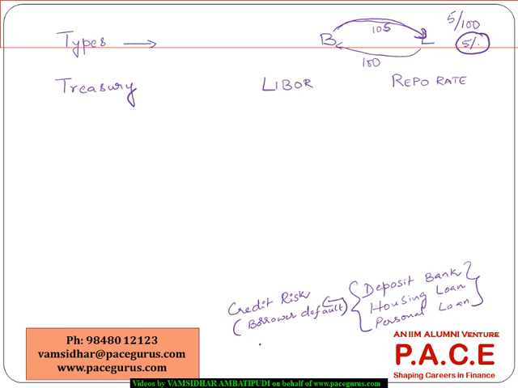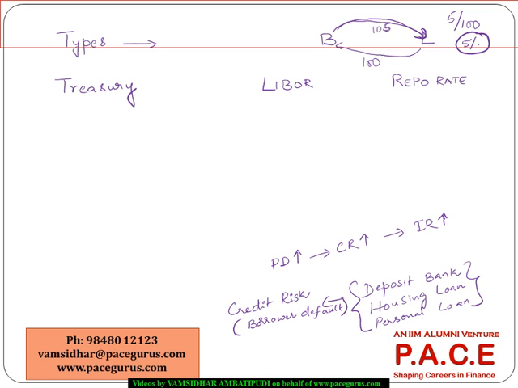So if the possibility of default is higher, then the credit risk is higher. Then in that case the interest rate will be much higher, because the lender is taking a higher risk by lending the money, because there is a good chance that he will not get his money back.